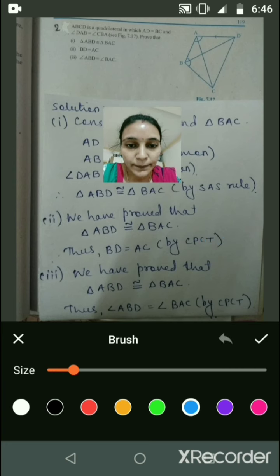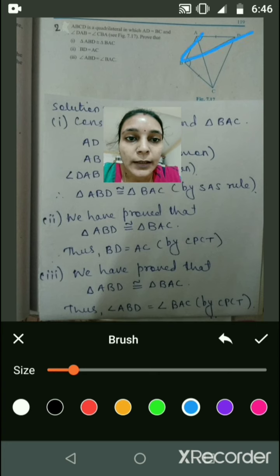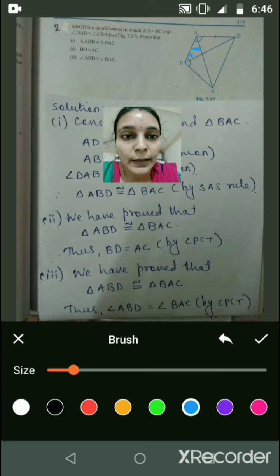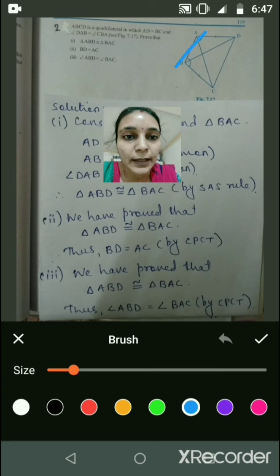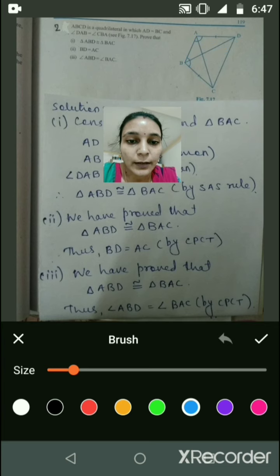Now let us start the third part. थर्ड पार्ट में हमें क्या दिखाना है? एंगल ABD इक्वल टू एंगल BAC. ये दोनों एंगल हमें इक्वल बताने हैं. फिर हम सेम क्राइटेरिया यूज़ करेंगे जो हमने ऑलरेडी प्रूव कर लिया है कि ट्राइंगल ABD इज कॉन्ग्रुएंट टू ट्राइंगल BAC.